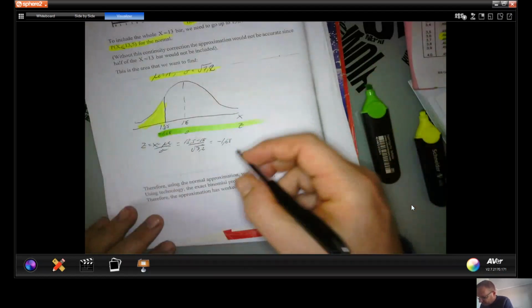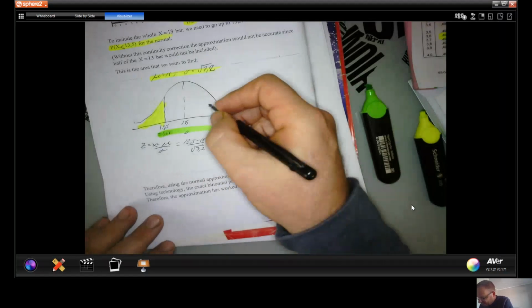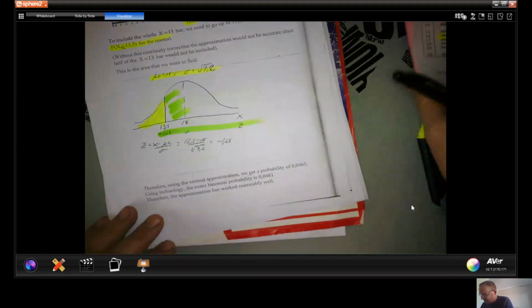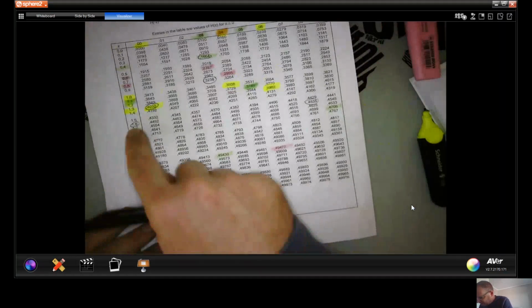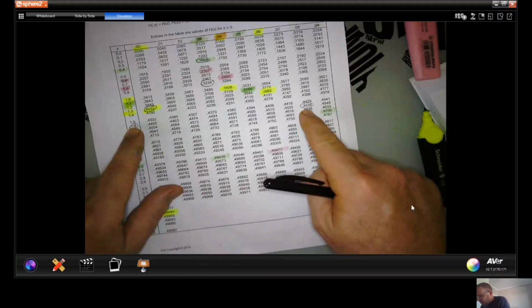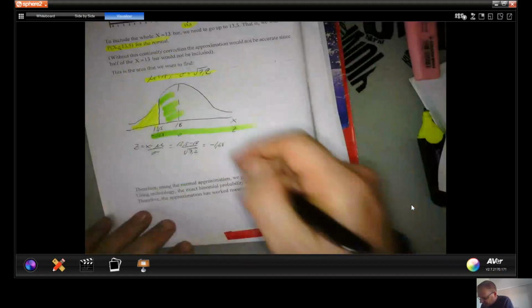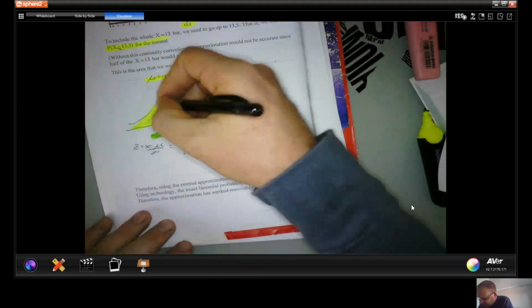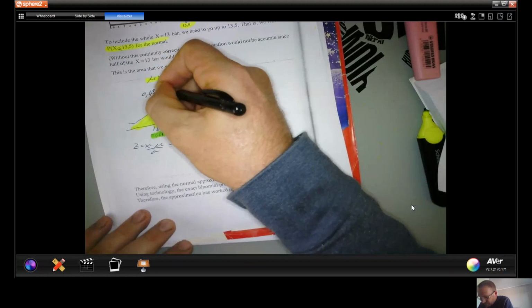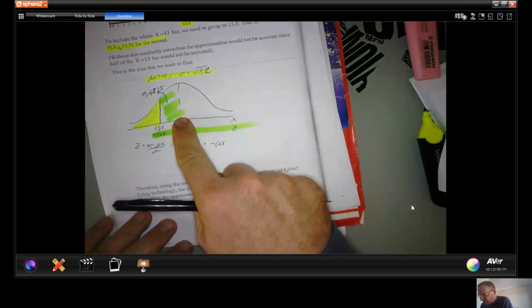You're going to have to look up a z score of 1,68, and that's going to give you this area in green over here. A z score of 1,68 is sitting right over there, which is 0,4535. So that area over there is 0,4535.